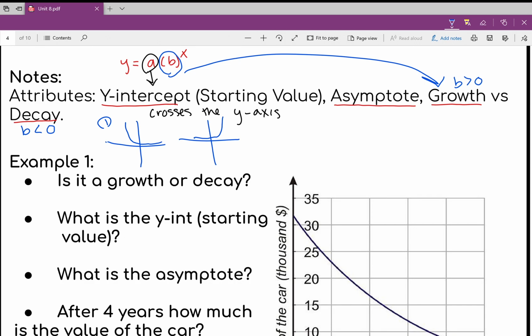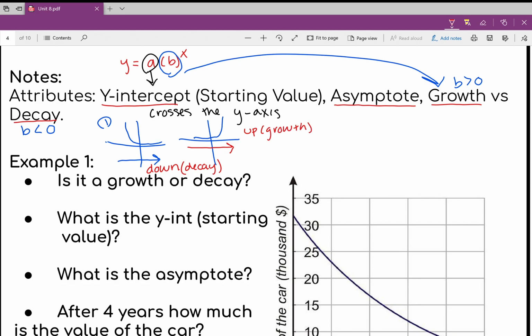So this is a decay. So if we go from left to right, we know that this graph is going down, so it has to be a decay. And then again, if we look at this graph from left to right, we notice that this graph is going up, so it has to be a growth.